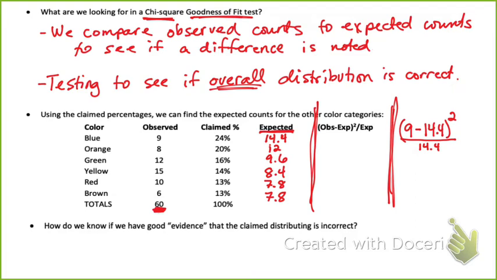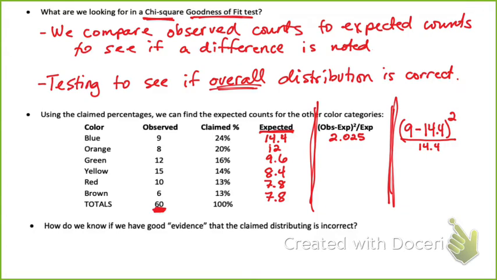What did you guys get? I got 2.025. That is exactly right. 2.025. That means that we got 2.025 standard units different for blue than we should have.